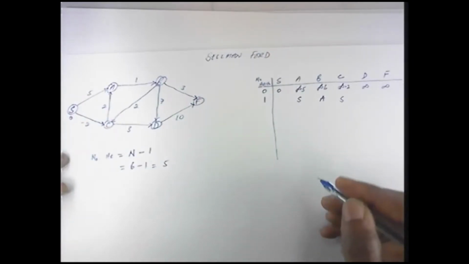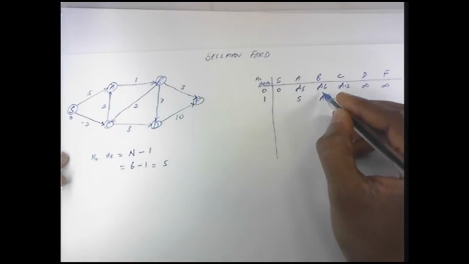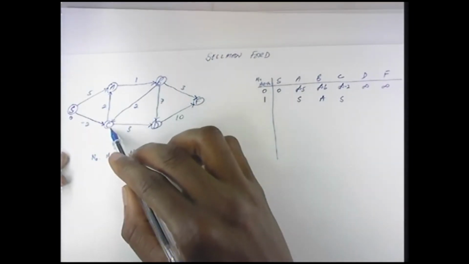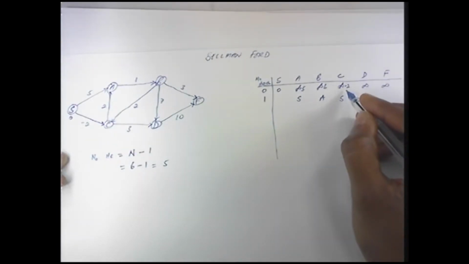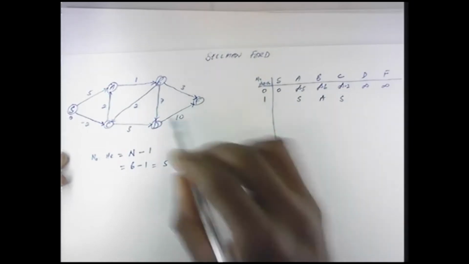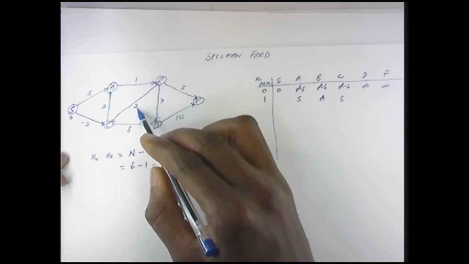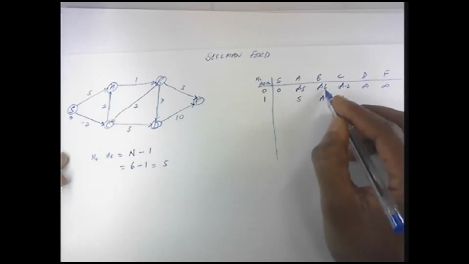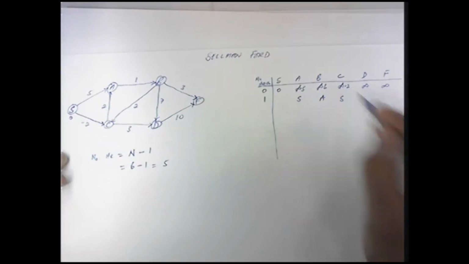So at B, we already know the cost at B, which is 6. Now we want to update the cost at C. Now note that the initial cost at C is -2. So moving from B to C, it costs us 2. 2 plus 6 is 8. Now 8 compared to -2, 8 is way bigger than -2. So we still maintain the -2.